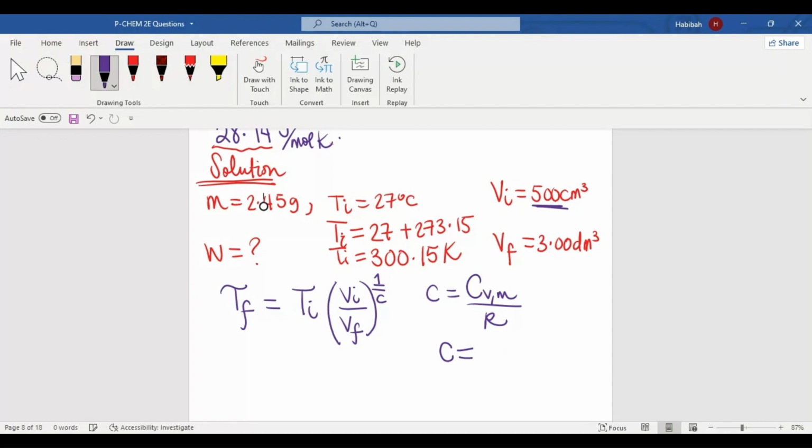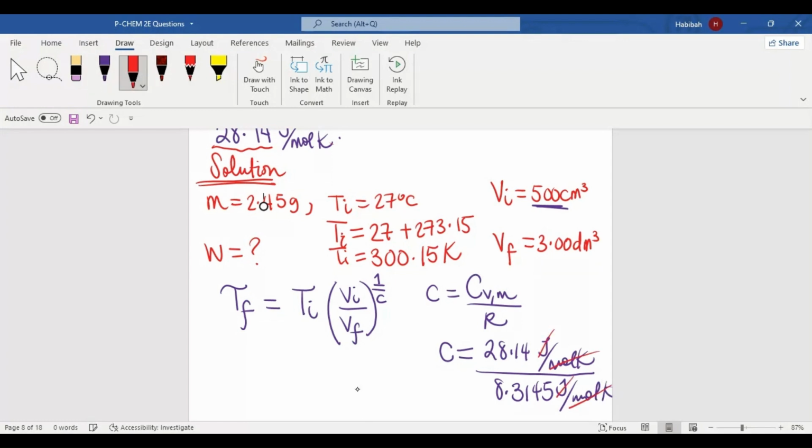So c equals CV,m, which is what we're given, 28.14 joule per mole Kelvin, divided by R, the gas constant, which is 8.3145 joule per mole Kelvin. So you cancel out joule and mole Kelvin.